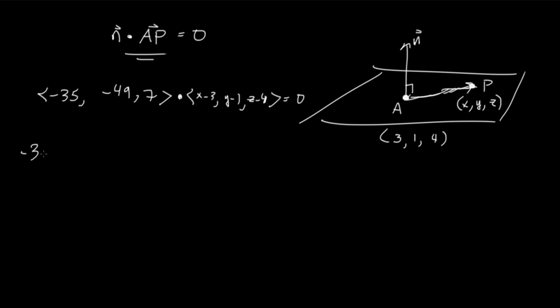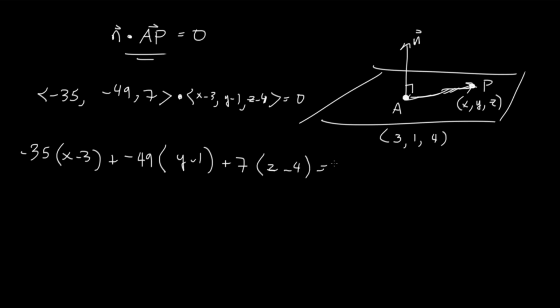All right, so we have -35 times X minus 3 plus -49 times Y minus 1 plus 7 times Z minus 4. That's equal to 0. And then I'm just going to simplify this thing up.